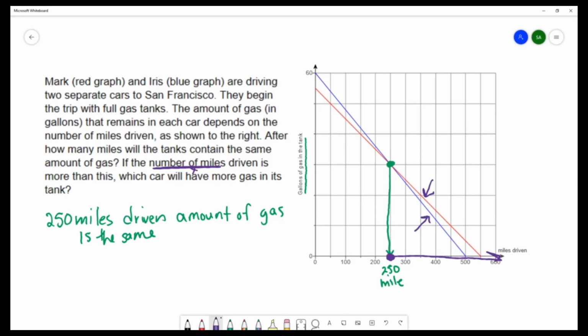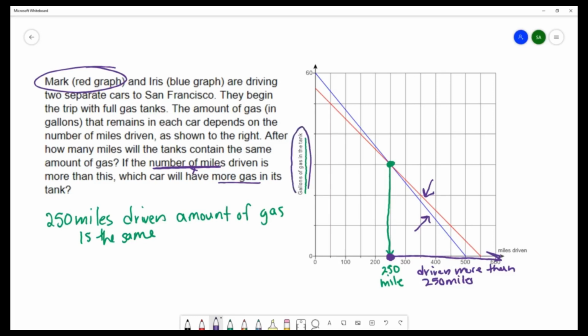So during that portion of the trip where you have driven more than 250 miles, you can see that the red graph, which is Mark, has more gas in the tank because it has a higher Y value.